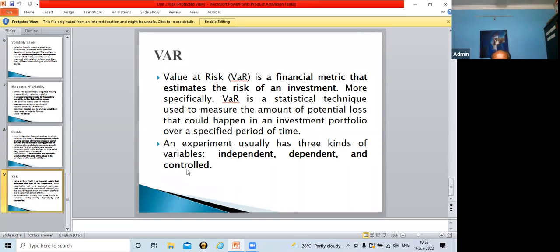Now the third category is the control variable. What is this control? In research, suppose you are observing the total production of rice. You have prepared a field, say a total field of 5 acres, with every 1 acre area sown with rice.